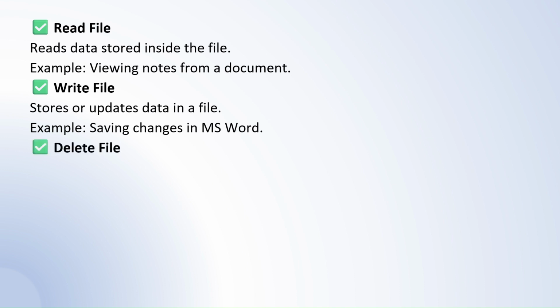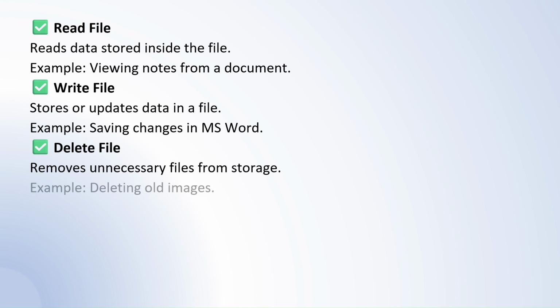This removes unnecessary files from storage. For example, deleting old images or videos. Real-life example. When saving notes, operating system creates the file, stores data into the file, saves it in storage memory. So, file management system calls help organize and manage data efficiently.